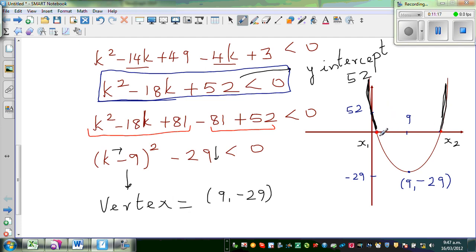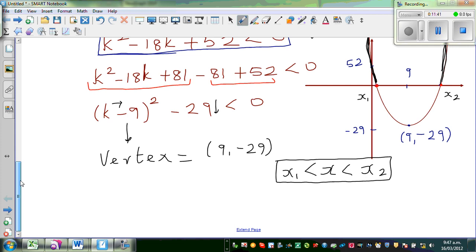We are interested in those values of x which are greater than x1 and less than x2. That is what we want to find. So if we can find x1 and x2, we can write this inequality.